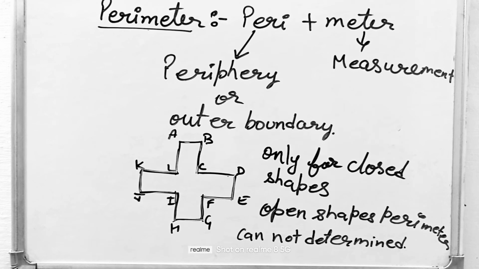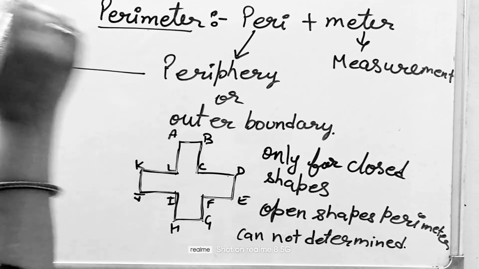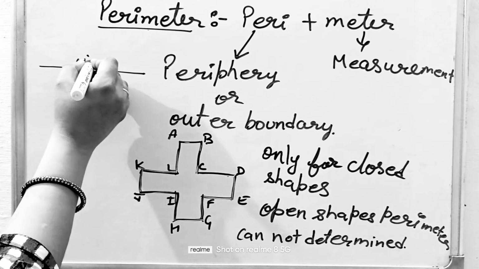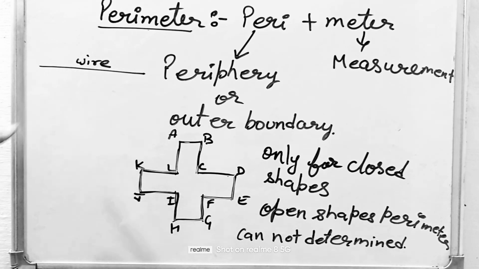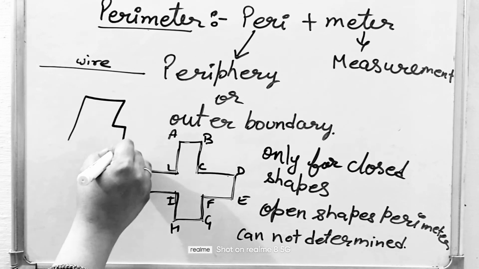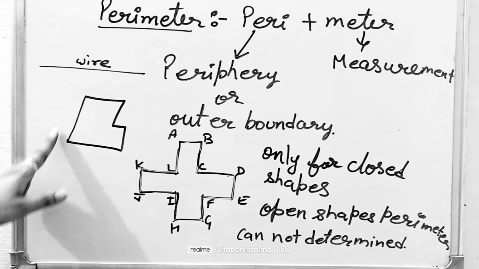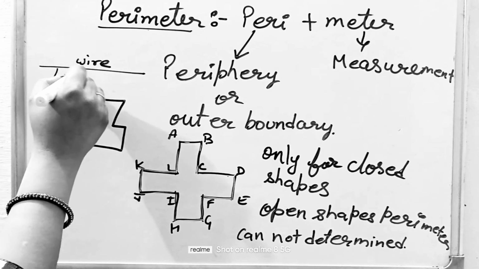Another method is, suppose this is a wire given to you and you are asked to make a shape from this. Whatever shape you are making with this wire, for suppose you are making this shape, the perimeter of this shape will be equal to the length of this wire.